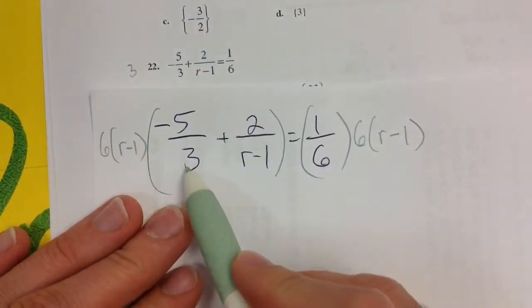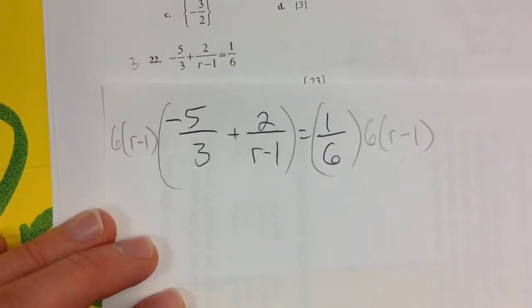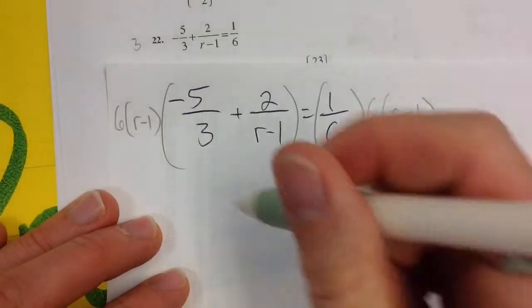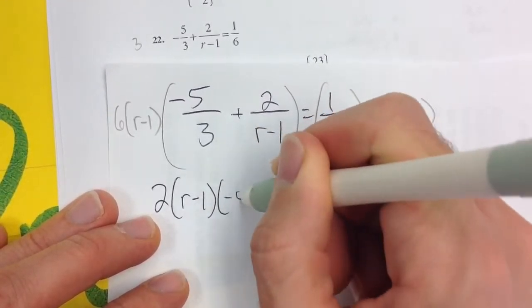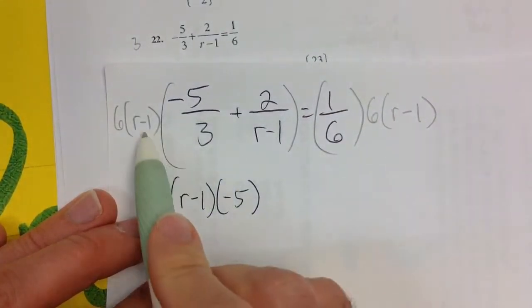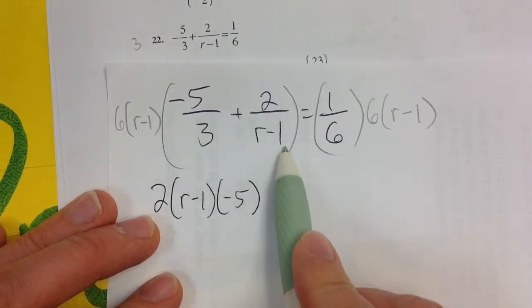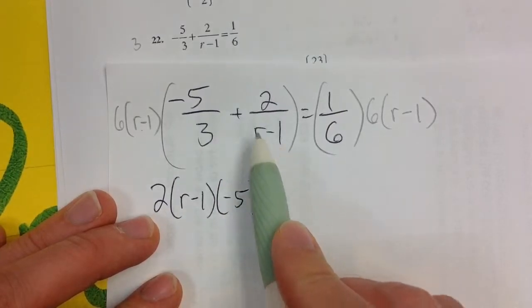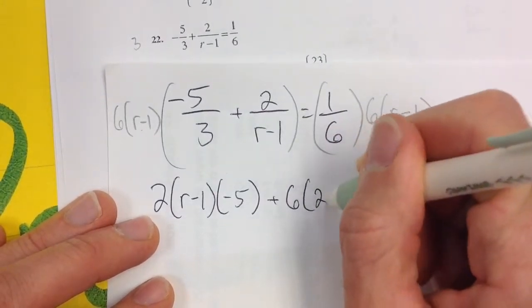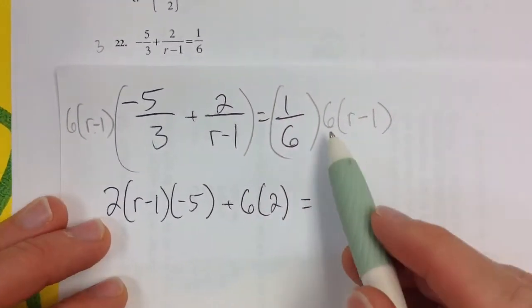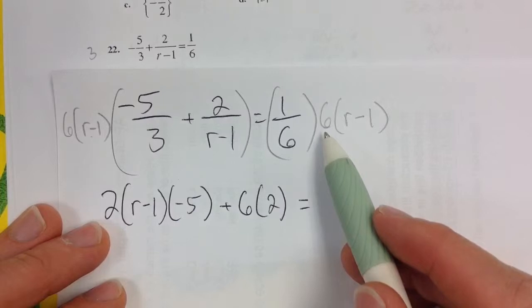What's 6 divided by 3? 2. What happens to the r minus 1s for this one? Cancel. So you're left with 6. Over here, what cancels? 6.